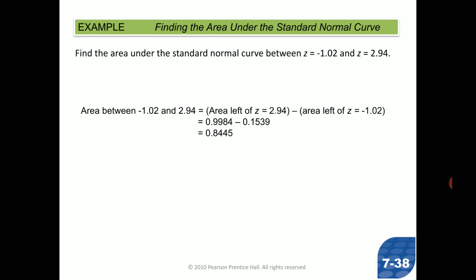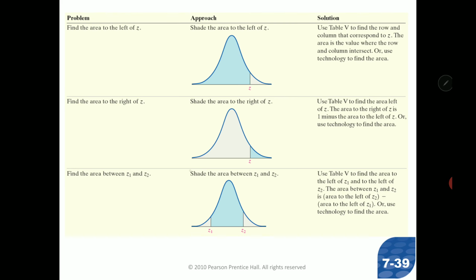All right, in the area between, you find the area to the left on both, and then subtract those areas. Again, we're going to do this on R. So this might be good to have, to give you an idea. That area to the left, we're good. Area to the right is 1 minus area to the left.